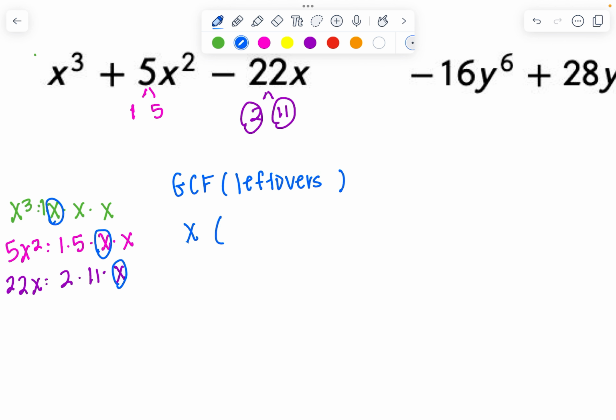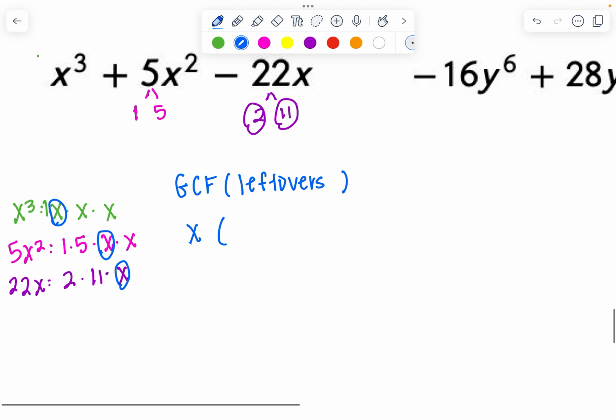So if I put my x on the outside of the parentheses, what's left over in green here is just x squared. Because we have a plus there, we'll put a plus here. What's left over in pink is 5x if I multiply all of those together.